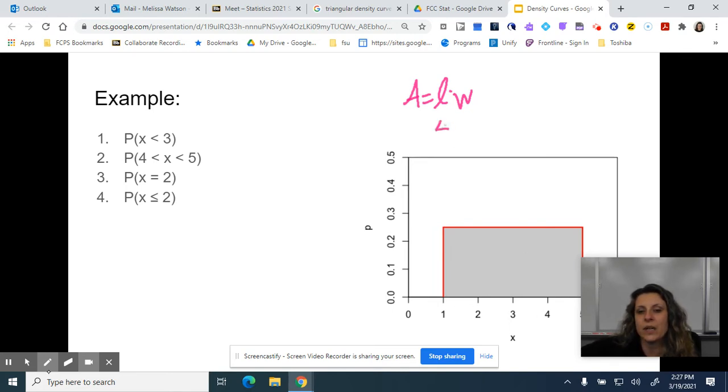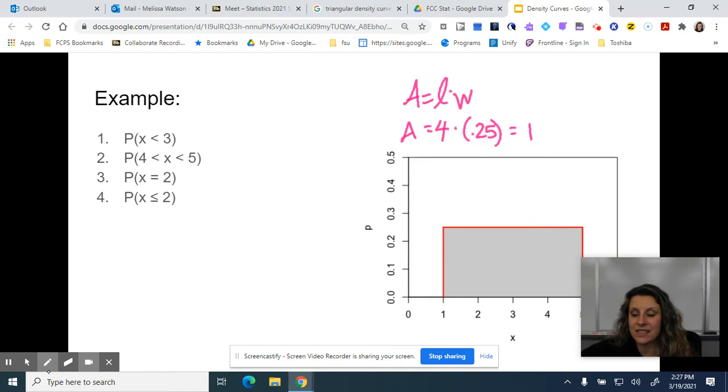So the length is 4. And the width is 0.25, it looks like. So the distance from here, 0, up to here is about 0.25. So if we multiply those two numbers, 4 times 0.25, we do get the total area is 1.